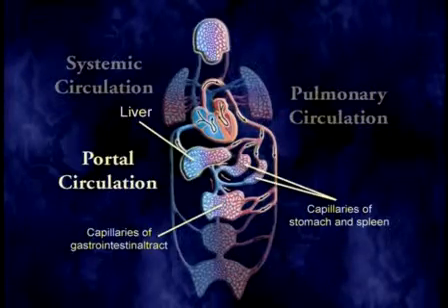We have another one of those portal circulations in the brain, a very small microcirculation. So there's actually 4 kinds of circulation in the body.